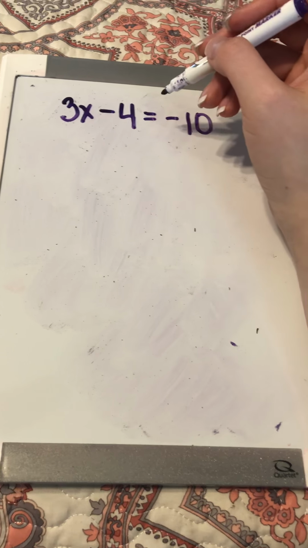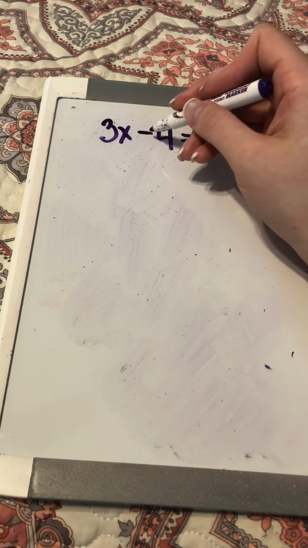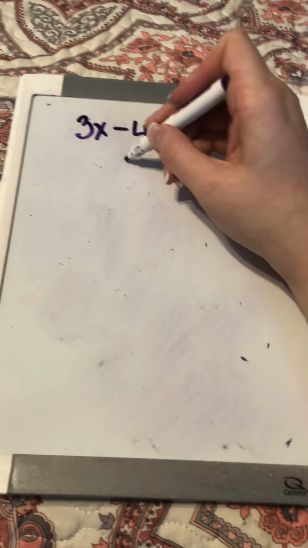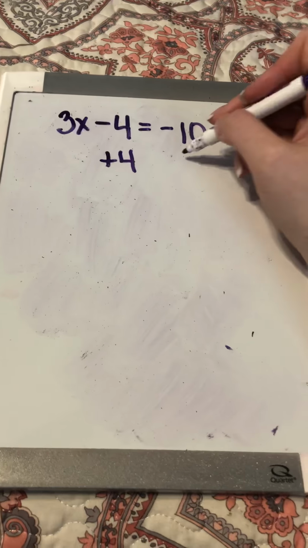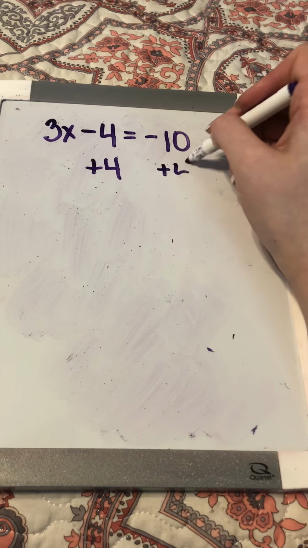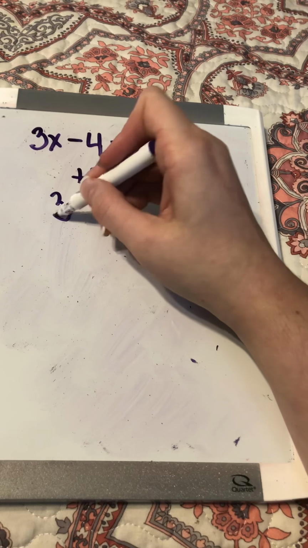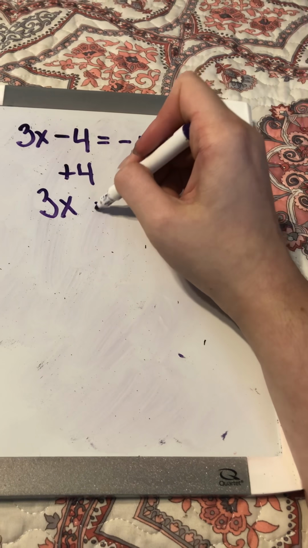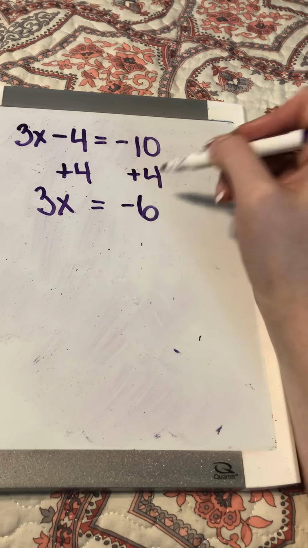The first thing, the easiest thing we could do, we have a negative or a subtract 4. So we are going to add 4 to this side. That would cancel out that 4, but we also must add 4 to this side as well. We end up with 3x on this side is equal to negative 6.